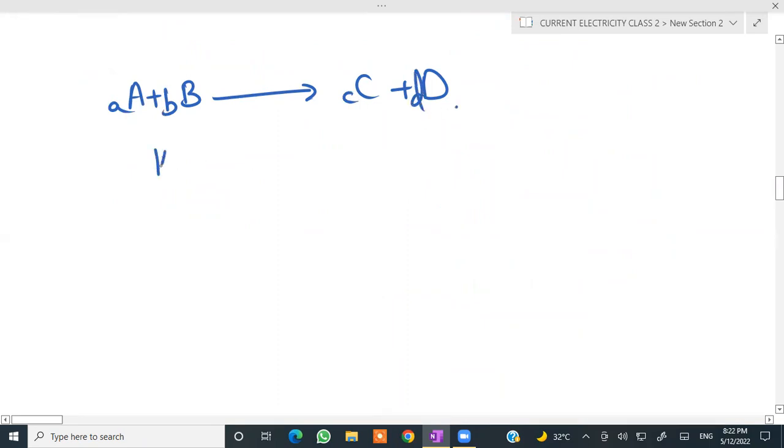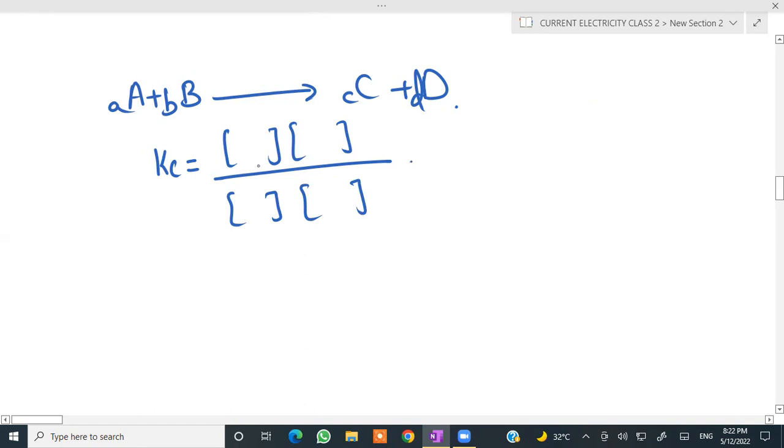So what's going to be the expression for Kc of this equation? Can someone tell me? What should I write in the numerator and in the denominator? Capital C, I think, and listen.